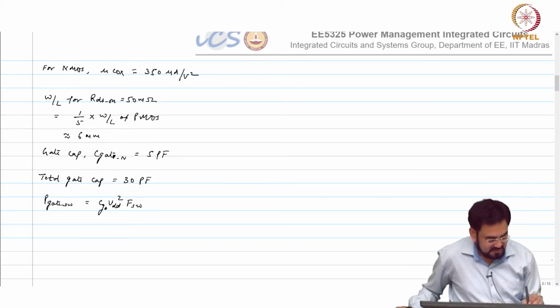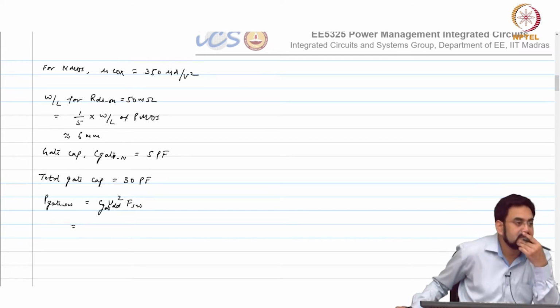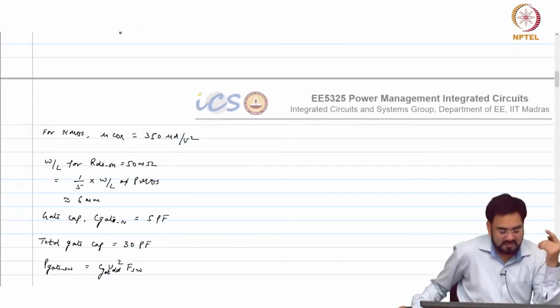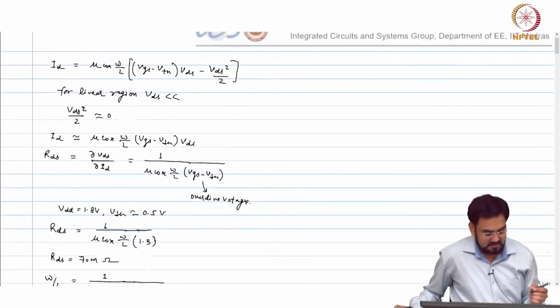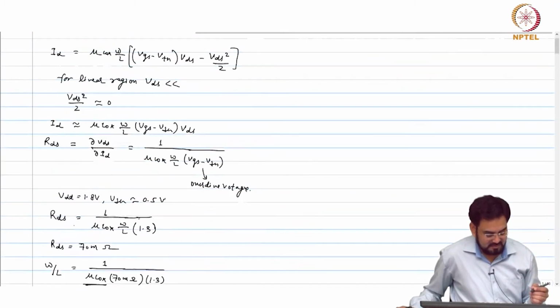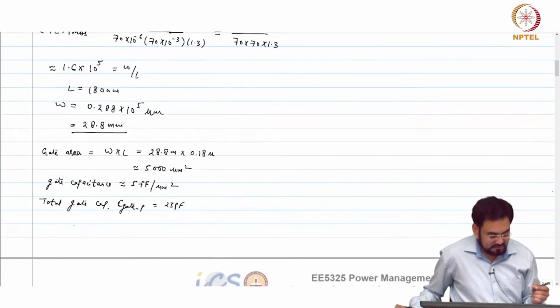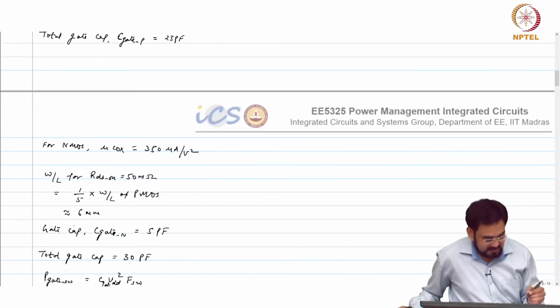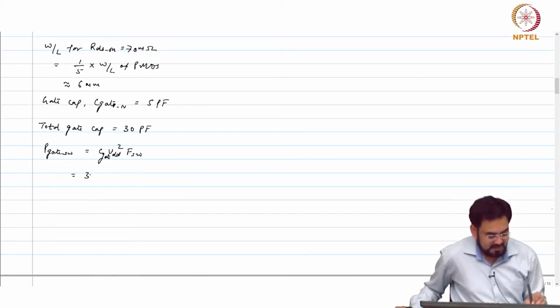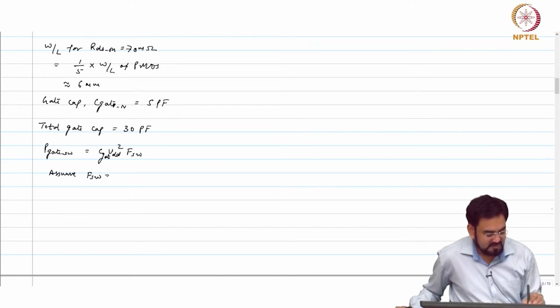This is nothing but C gate, 30 picofarad. Now assume FSW equal to 1 megahertz.